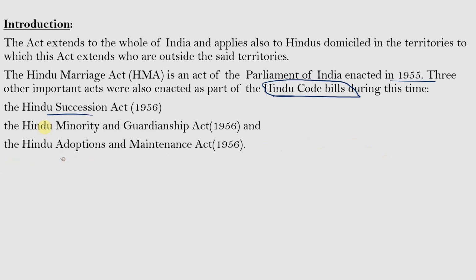That is the Hindu Succession Act 1956, Hindu Minority and Guardianship Act 1956, and Hindu Adoption and Maintenance Act 1956. So, all these acts shall apply to all Hindus. Now let us understand the purpose for enacting the Hindu Marriage Act 1955.